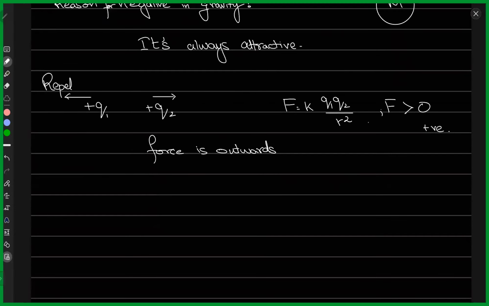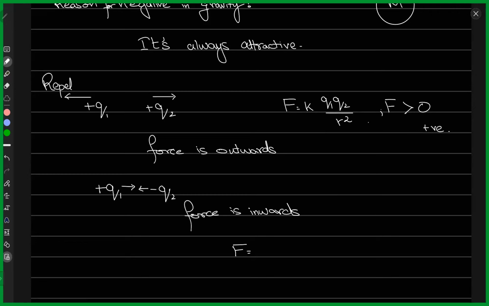Now, another example could be, take a charge, one that is positive and the other one is negative. Then the force is inwards because they are going to snap together. They're going to attract each other. And the force in this case is inwards. Now the force is inwards, right? So let's see, does that give you a negative sign in force?